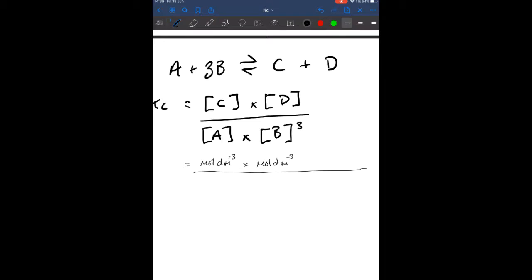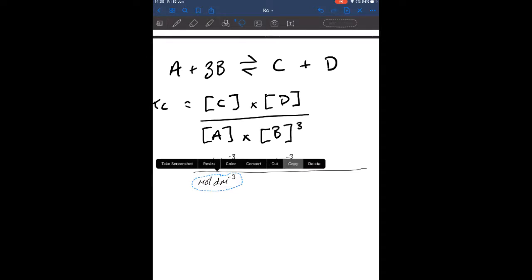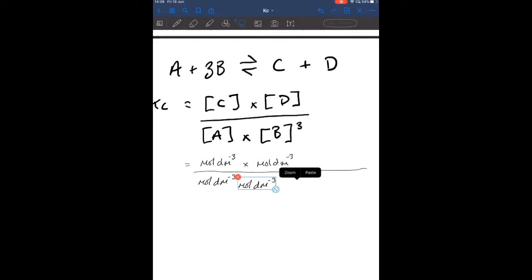Just going to extend the line there. Moles per decimeter cubed, and actually, do you know what? I'm going to be lazy. I'm going to copy, paste, paste, paste. So I've got moles per decimeter cubed times by, times by, times by.